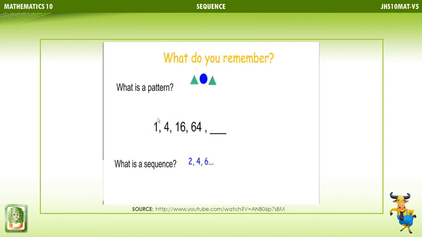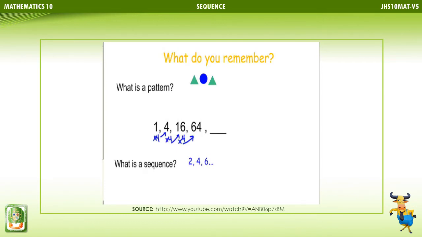So let's try multiplying. 1 times 4 does equal 4. 4 times 4 is 16. Now I'm seeing a pattern. 16 times 4 is 64. And I need to get my calculator out to figure out the next one.